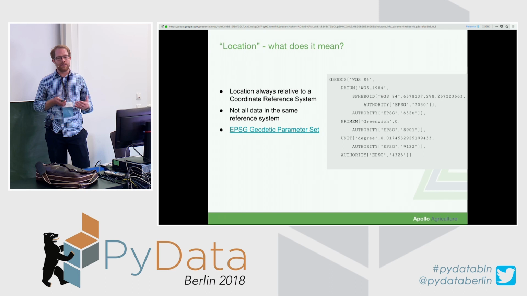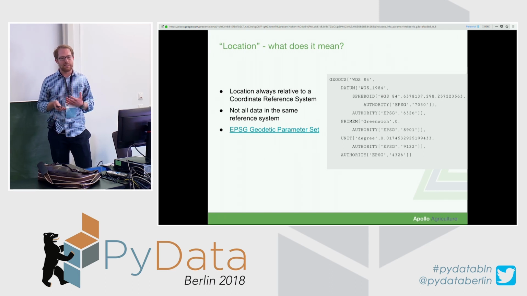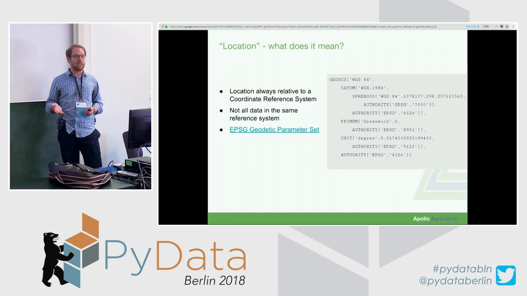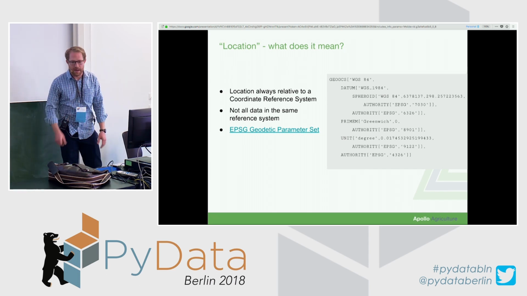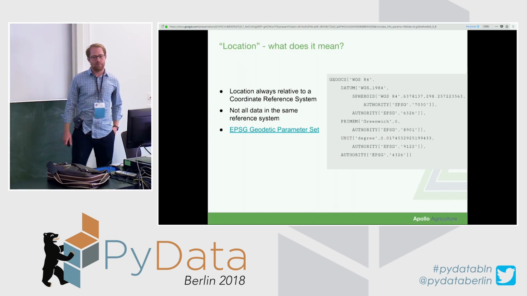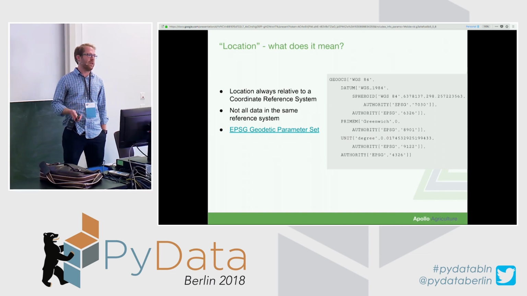And the key thing is that because not all data are represented in the same coordinate system, you need to pay attention to this in order to make comparisons across different data sources. The main thing is that there's this EPSG, which is like European Petroleum something, and they put together this geodetic parameter set, and that's a convenient shorthand used to specify these.